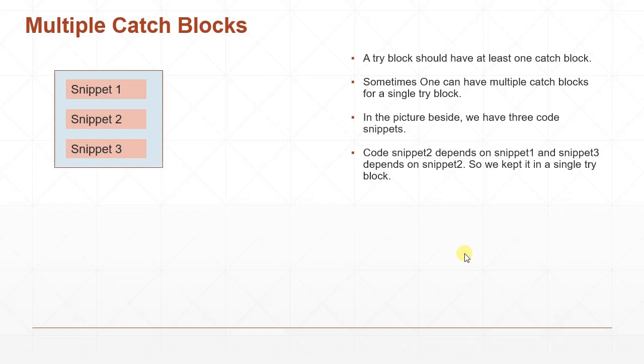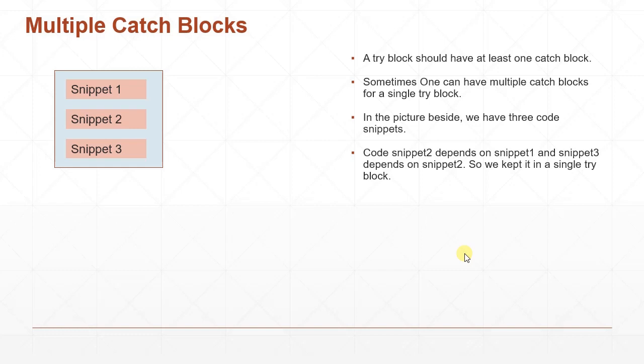What we mean here is when code snippet 2 fails by throwing some exception, executing code snippet 2 is meaningless. The same goes for snippet 3. Since snippet 3 depends on snippet 2, if snippet 2 throws some exception, executing snippet 3 is not useful.